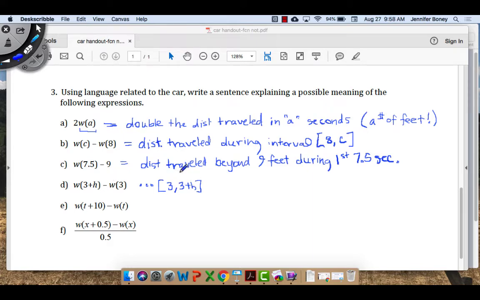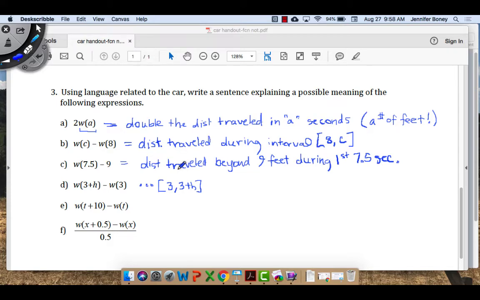So if you wanted to say this in words instead of during the interval 3 through 3 plus h, if you wanted to describe that more like a human might in English, it's still going to be kind of stilted because there's this mystery h in there. But this would be talking about a time interval from 3 seconds through a time h seconds later.